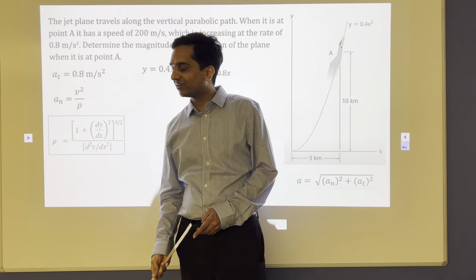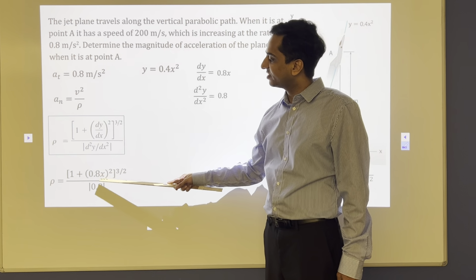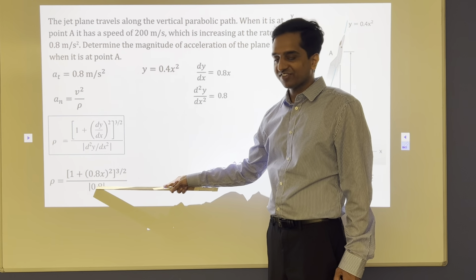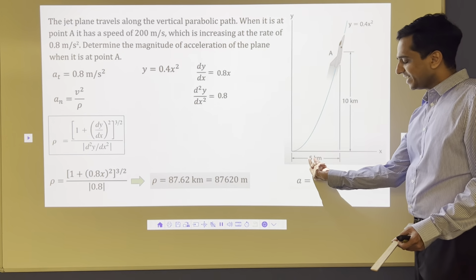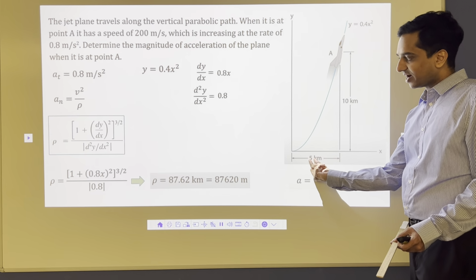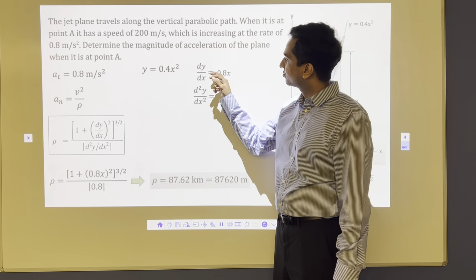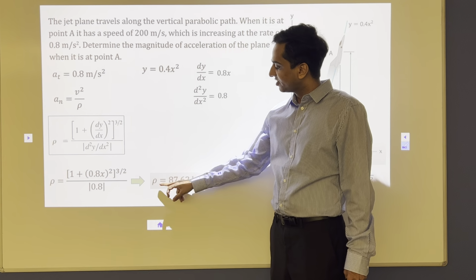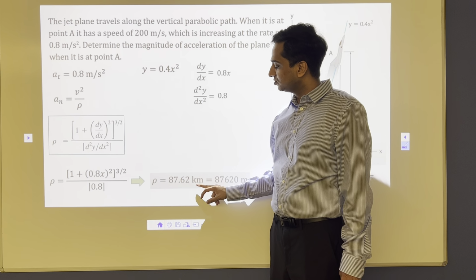I'll get normal acceleration. So when we solve this one, 1 plus 0.8x, that's the single derivative, and here 0.8, that's the double derivative. So x is equal to 5. I'm going to put that 5, and then I'll get a value in kilometers, because this equation was in kilometers. So 87.62 kilometers.